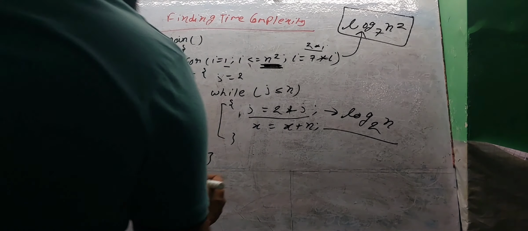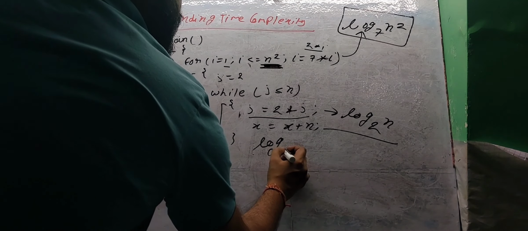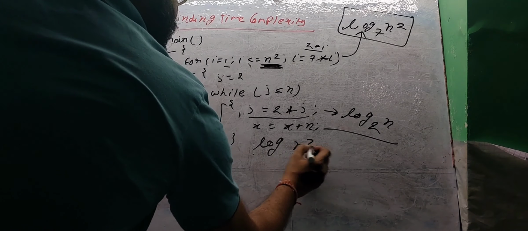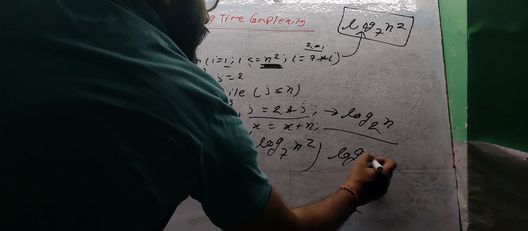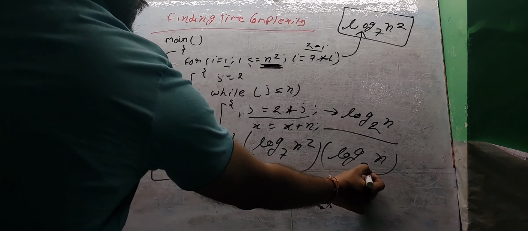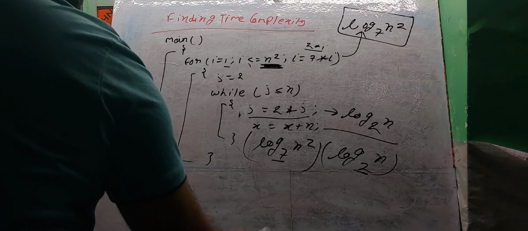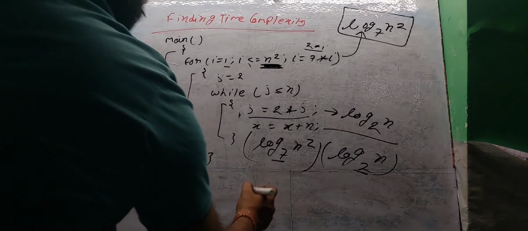Then overall time complexity will be log n square base 7 into log n base 2. As we discussed in previous video, we can ignore constants.